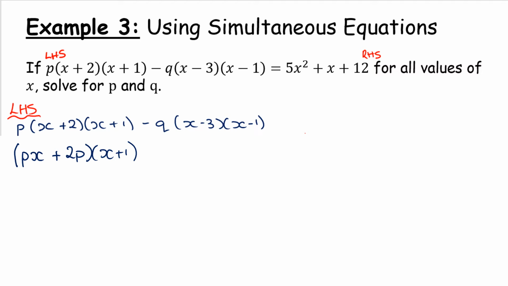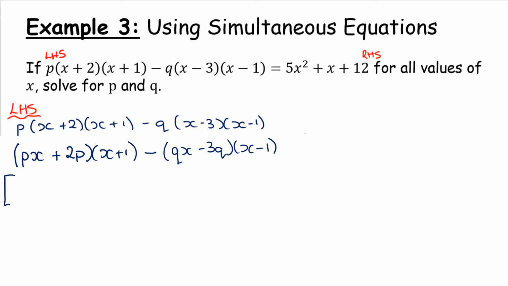I'm going to do the exact same thing here, but if I multiply in that q, I have two options. I can leave my minus outside and simply multiply in by a q, or I can multiply in by a minus q and make sure I put a plus here. I'm going to leave the minus outside, and I have qx minus 3q times x minus 1.